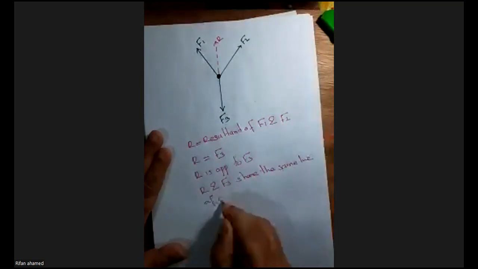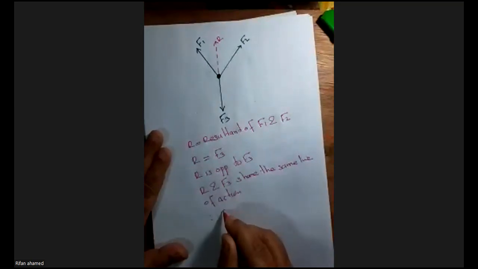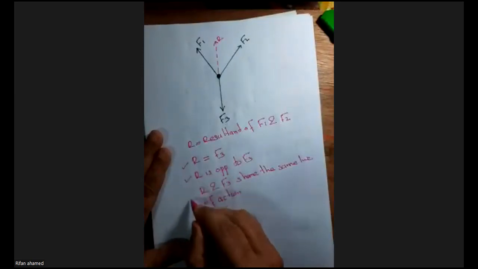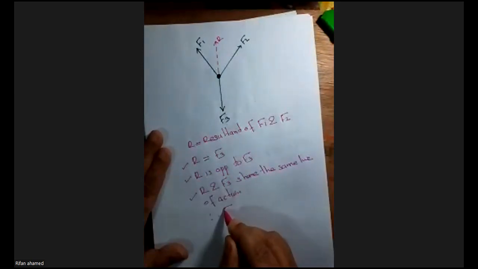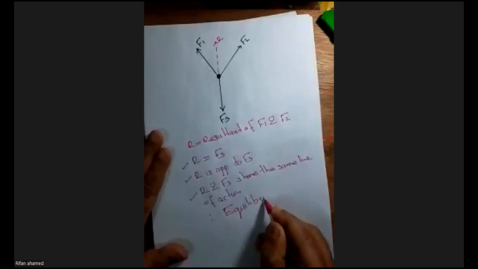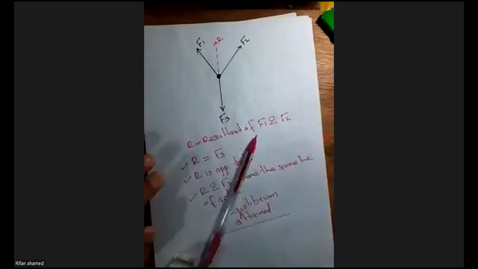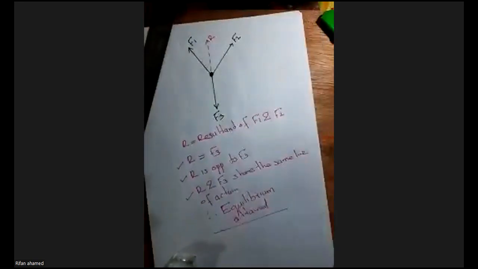Understood? Therefore, if these three conditions are fulfilled, what is achieved? Equilibrium. Equilibrium attained. Understood? You can draw them down, and on page number 16 at the bottom, you can mark these details.